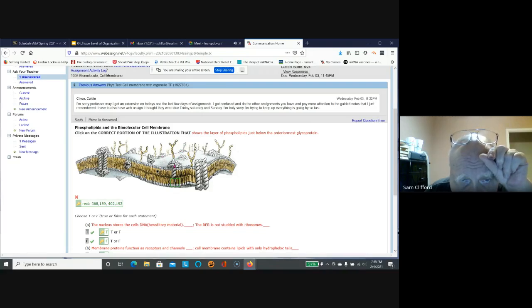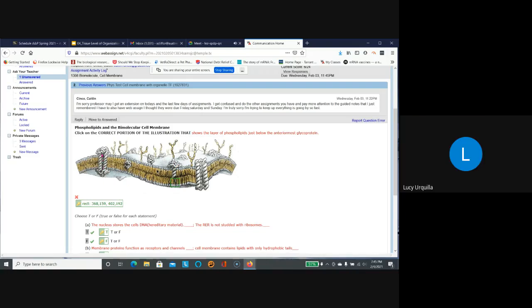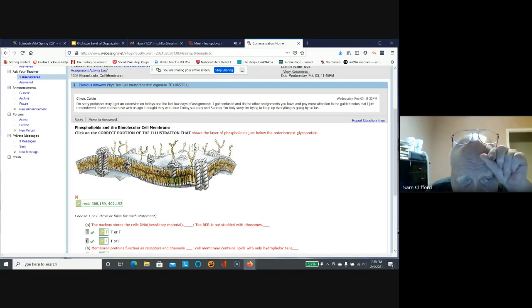But a glycoprotein has carbohydrate chains attached to the protein. So these are proteins that have a channel through the membrane. Other proteins are embedded in the membrane and don't go all the way through, like this one. These are channel proteins.